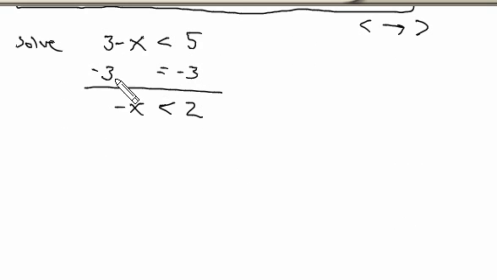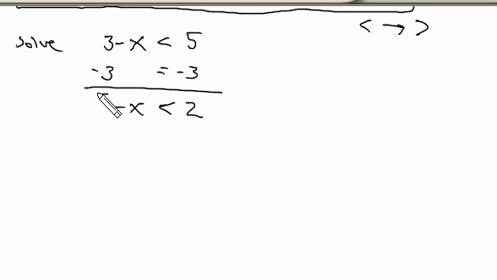If we subtract 3 from both sides, that takes away this 3 from this side and leaves minus x, and it'll take away 3 off that 5 to leave it 2. Now we have minus x is less than 2, which is not a solution because x is not by itself. It's got a minus sign with it.